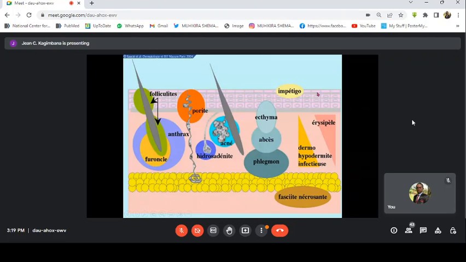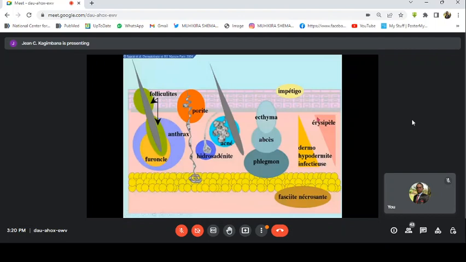Now we go here. So this is a bacteria, a microorganism.